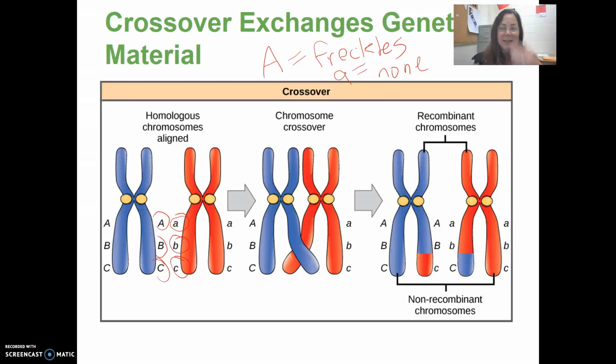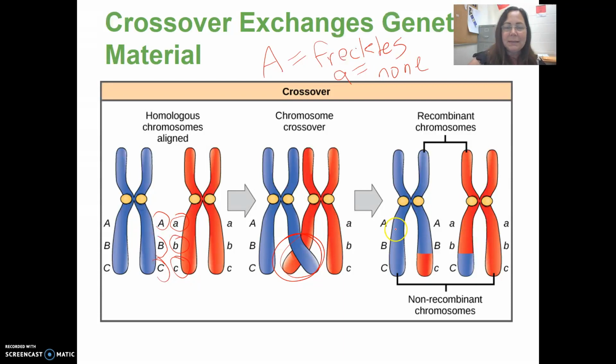So what you're seeing is, in the process of synapsis and crossing over, the C gene is the one that's going to change places. So when eventually all of the sister chromatids are separated, because they will separate in meiosis 2, you will end up getting these possibilities in the gametes.